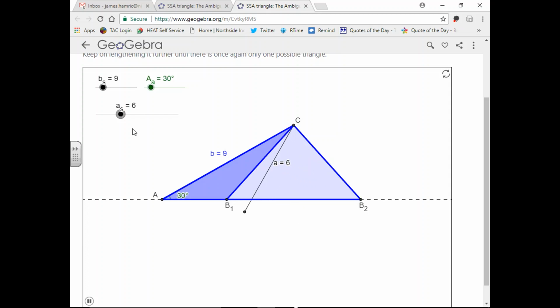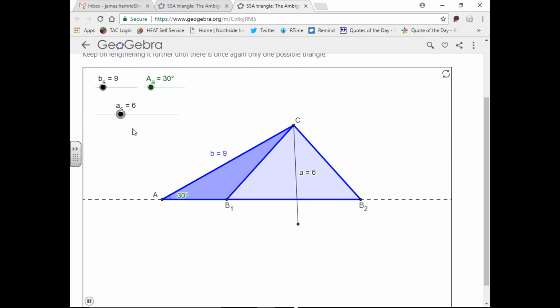Well, you can see now we actually have 2 different triangles possible. There's going to be one triangle at the point B2 where angle B is acute. And then we have a second triangle possible at the point B1 where B is actually obtuse.